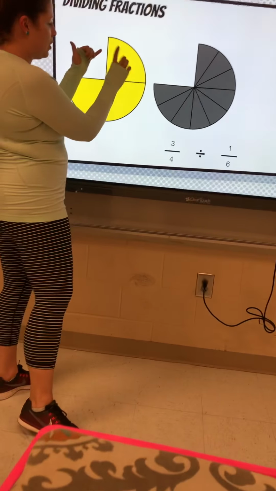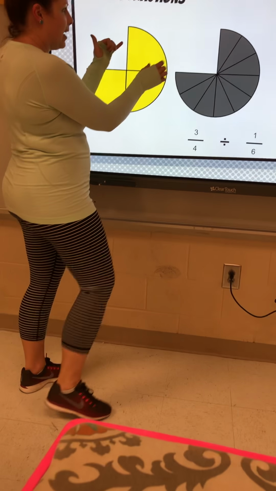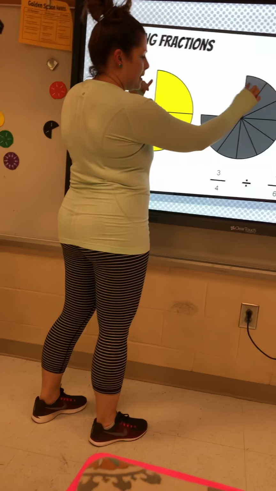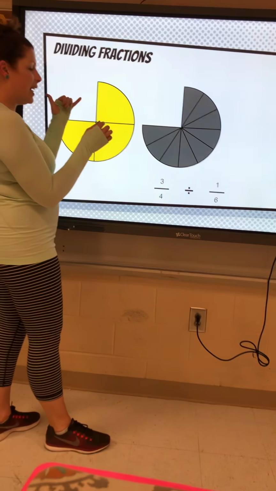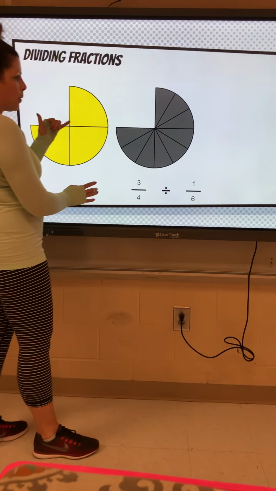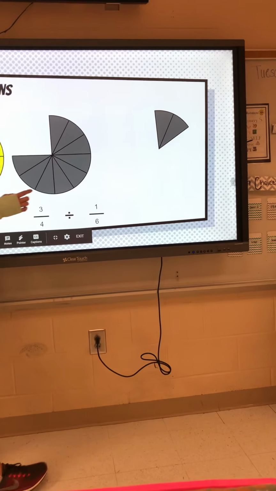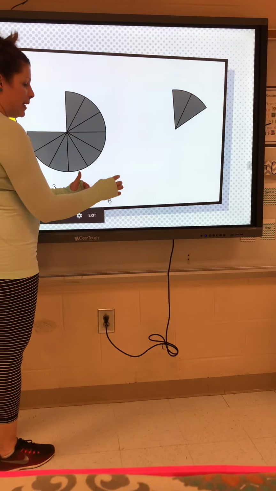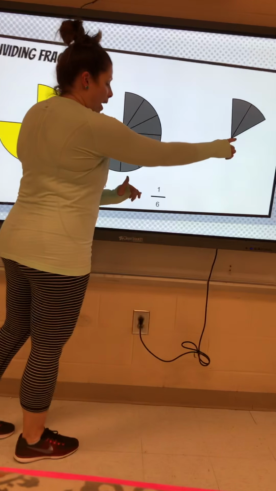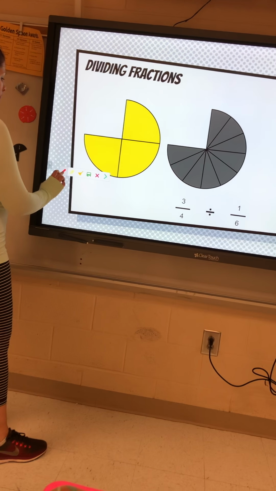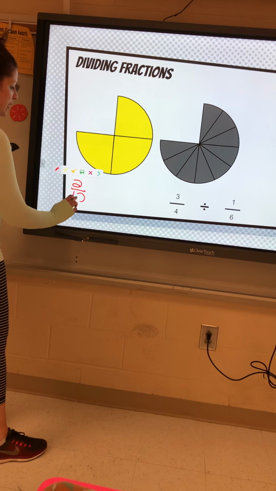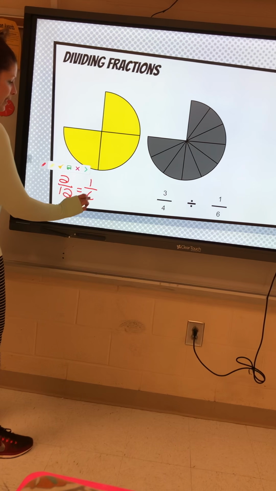So you couldn't put 2/6 here, because this would be 2/6, and it didn't fit. So they went ahead and found pieces that did fit in evenly, which was the 12 pieces. And they took each 2/12 of a piece, because you and I know that 2/12 is equivalent to 1/6, right?